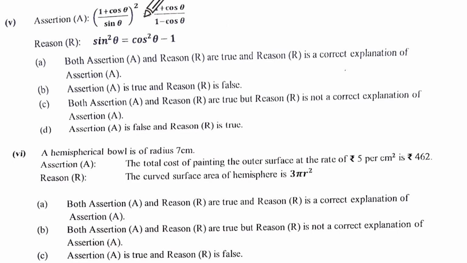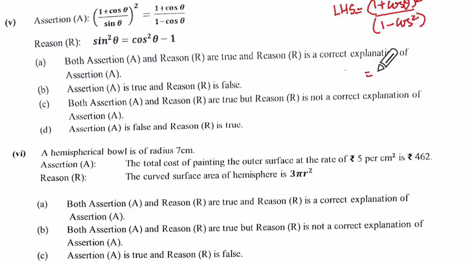So I am going to write here, LHS will be equal to (1 plus cos theta) whole square upon sine square theta, and sine square theta means 1 minus cos square theta. Correct? You're with me?